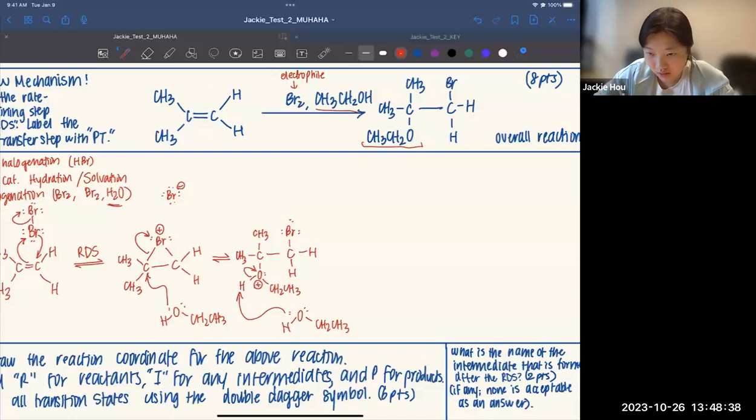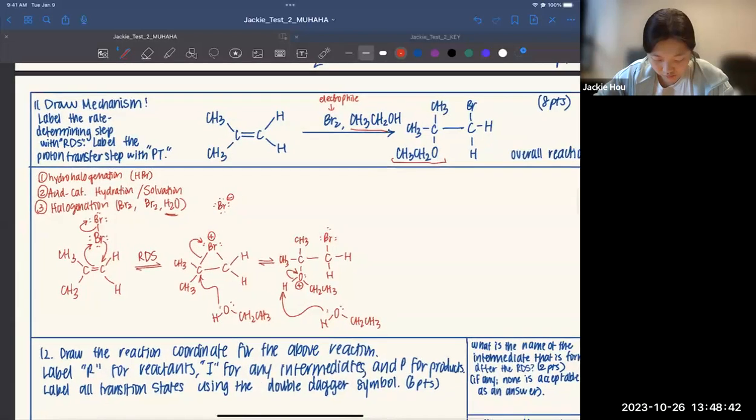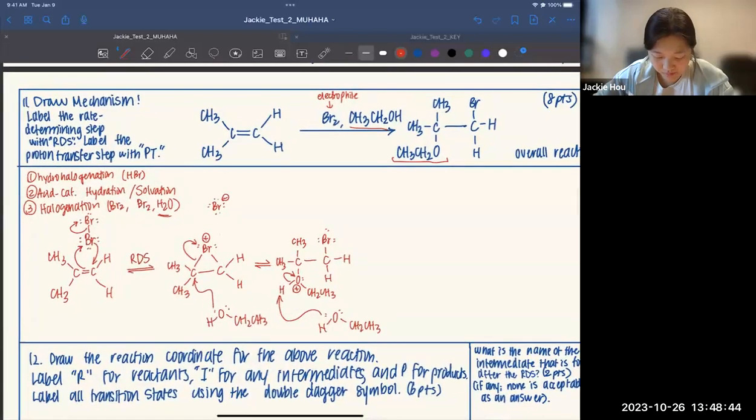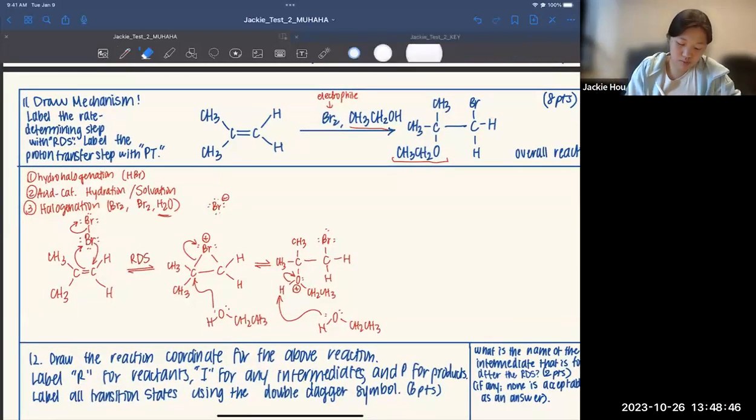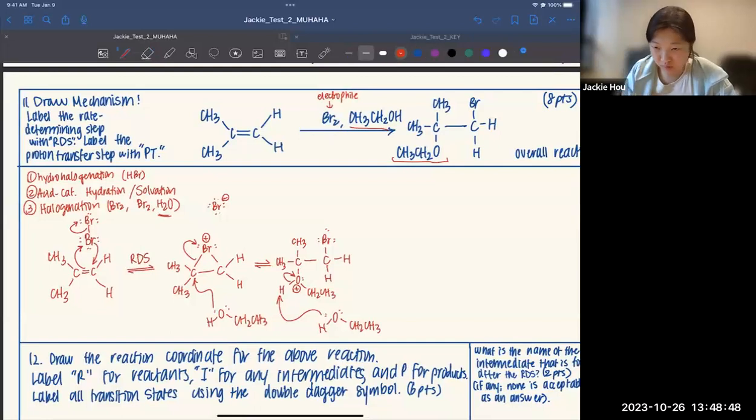Do you have to write arrows both ways? Yes. For all of these steps and everything, you have to do equilibrium arrows.